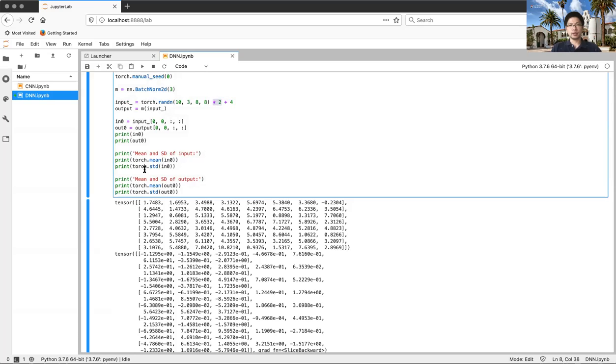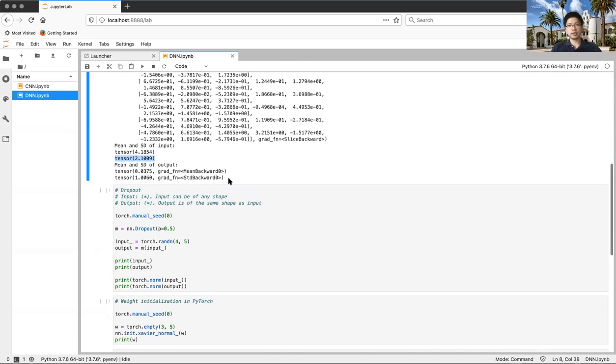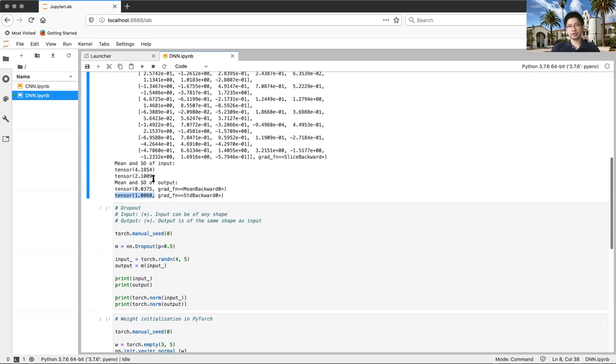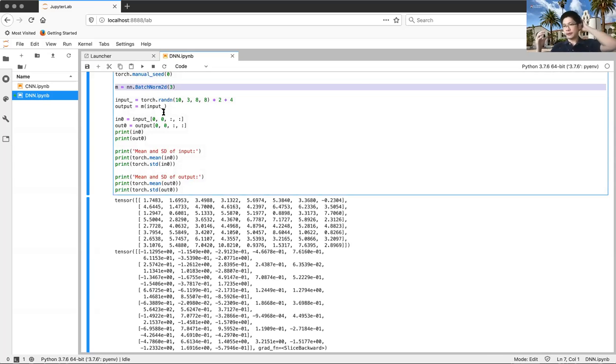So the standard deviation here is also around 2. But the mean and standard deviation of the outputs, you see, are already centered around 0. The mean is centered around 0, and the standard deviation is around 1. So that is basically the function this batch norm component does to the data.